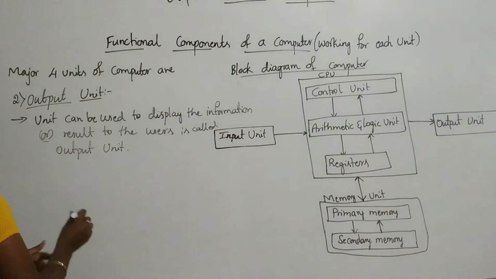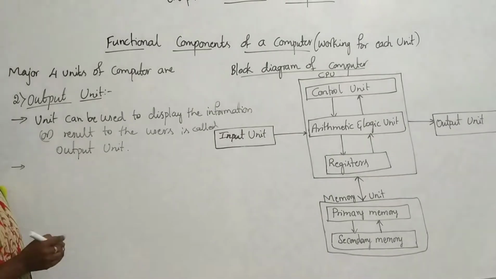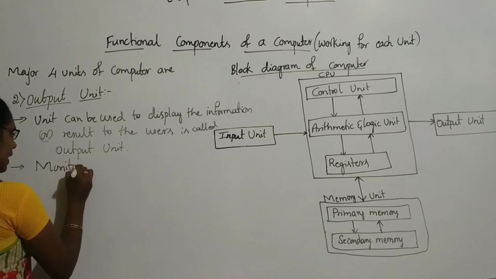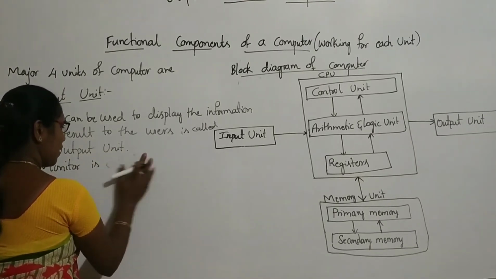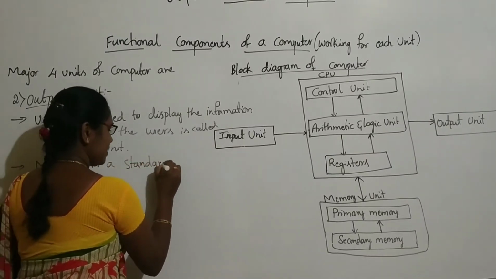Understood? Next. So what are the output devices we are seeing in the computer system and which one is called a standard output device? Monitor is called the standard output device.